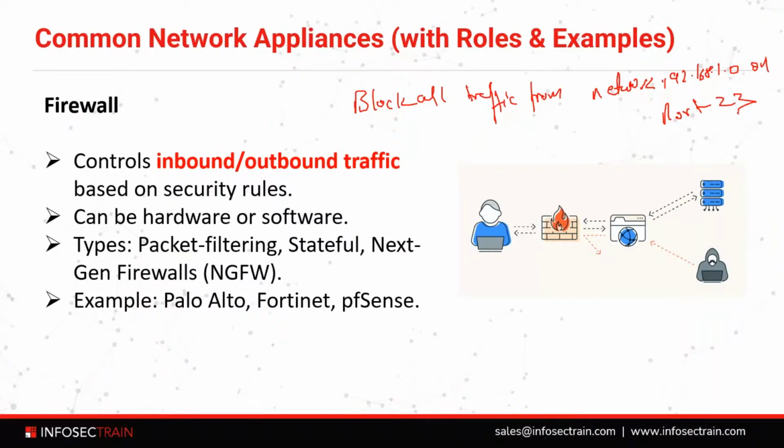So if it matches any allow rule, it passes through. If it matches any deny rule, it is dropped or blocked, right? So all the traffic coming from this network or from this subnet will be dropped, right?